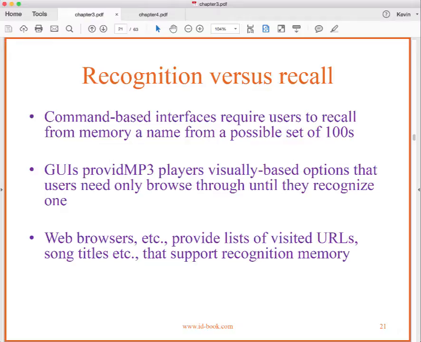It seems to be a lot easier to recognize than to recall. This seems to be why graphical user interfaces have some of the popularity that they have.